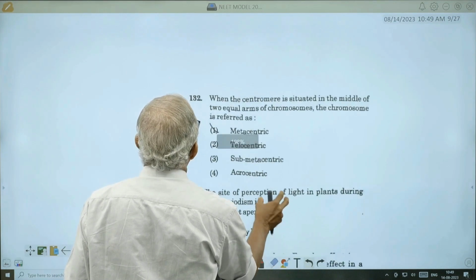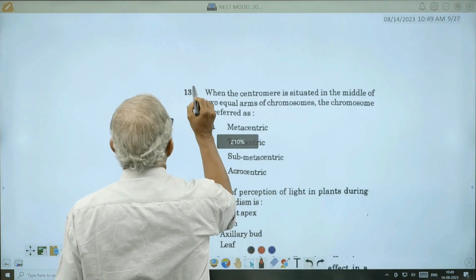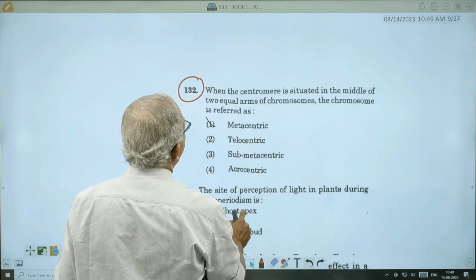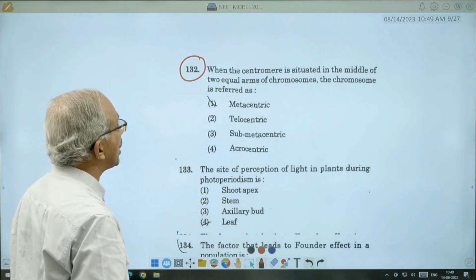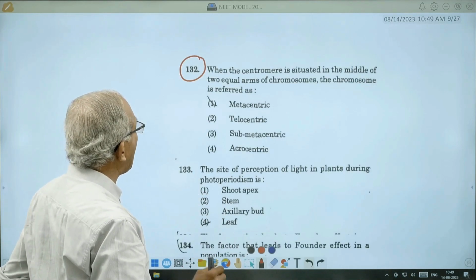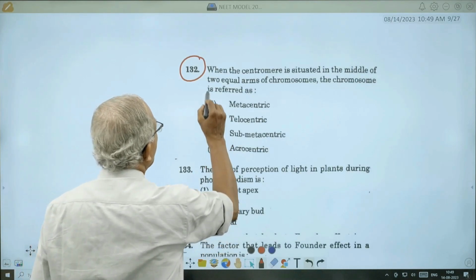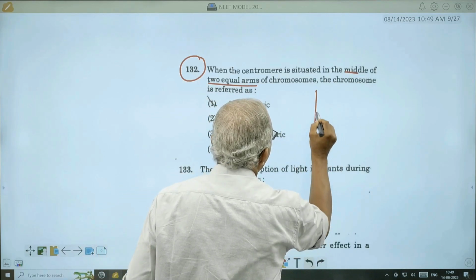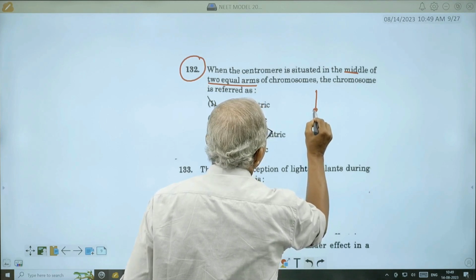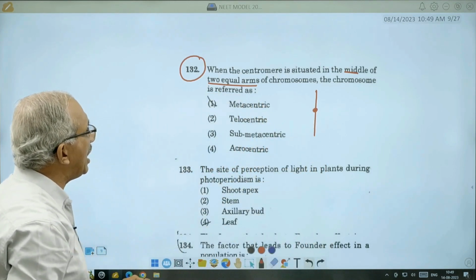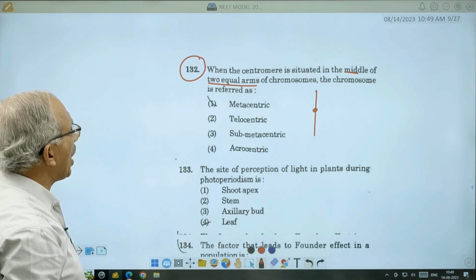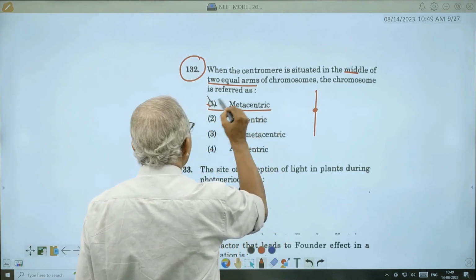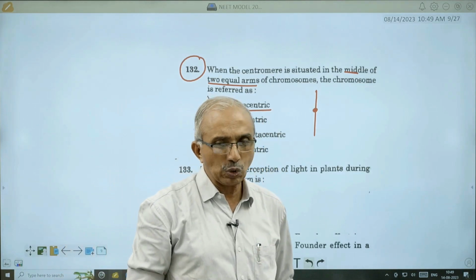Question 132. When the centromere is situated in the middle of two equal arms of a chromosome, the chromosome is called a metacentric chromosome.